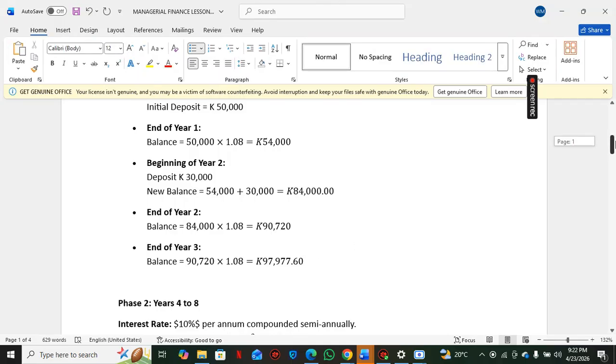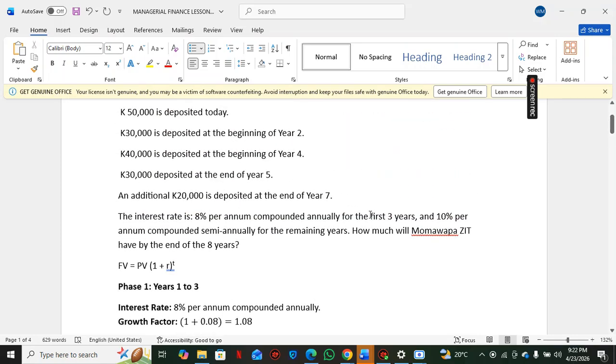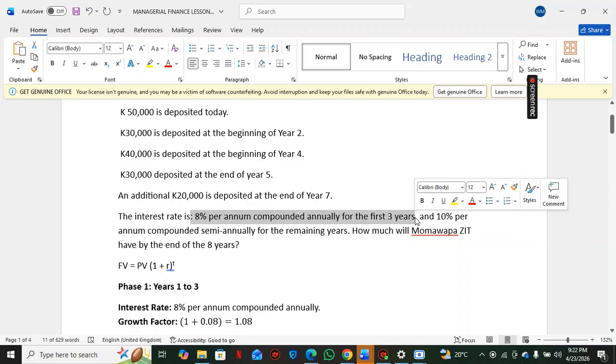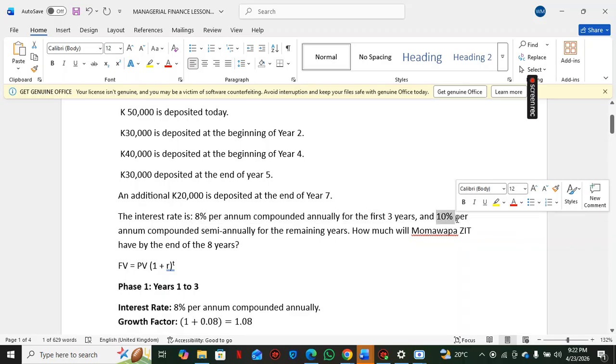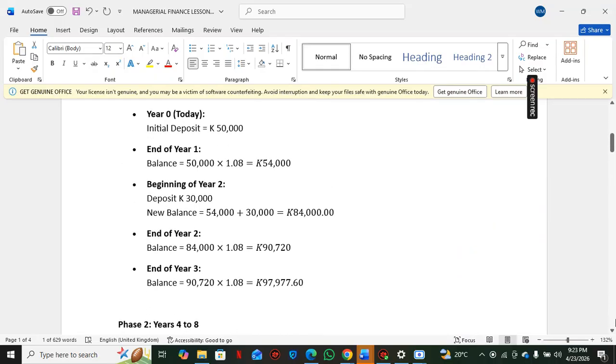Now, according to the question, this 8% is for 3 years only. So the moment we enter year 4, this 8% becomes 10%, and now it's compounded semi-annually. So we need to make an adjustment for this semi-annual compounding.